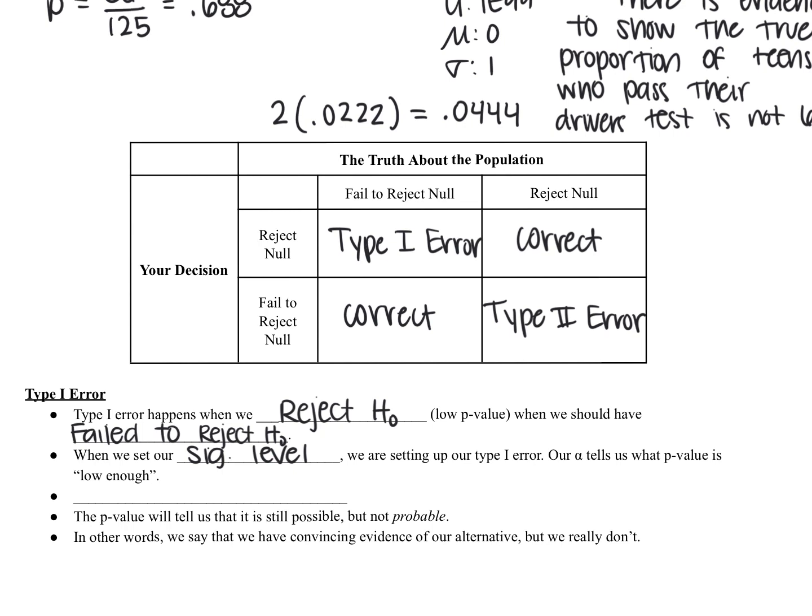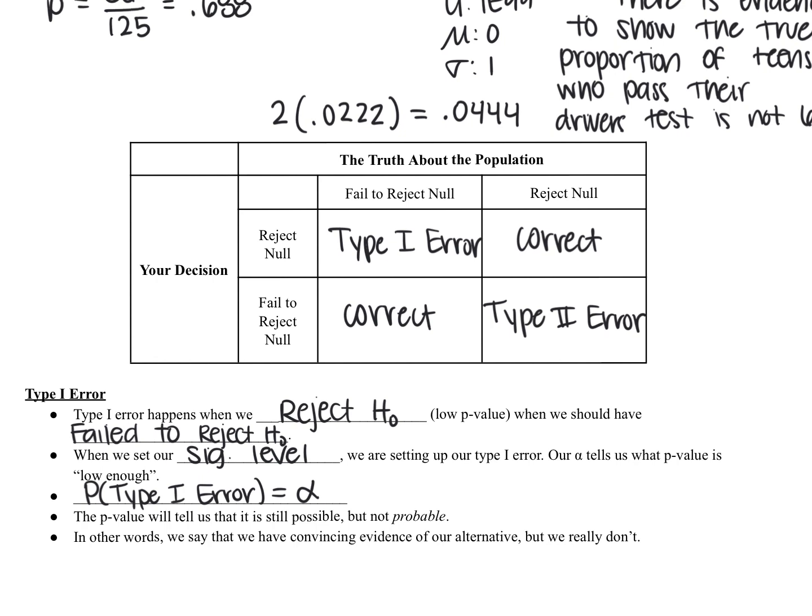So when you're trying to figure out the probability that you make a type 1 error, that is equal to your alpha. So if your alpha is 0.05, that's the probability you're going to make a type 1 error, which is 5%. Okay? The p-value will tell us that it is still possible, but not probable.